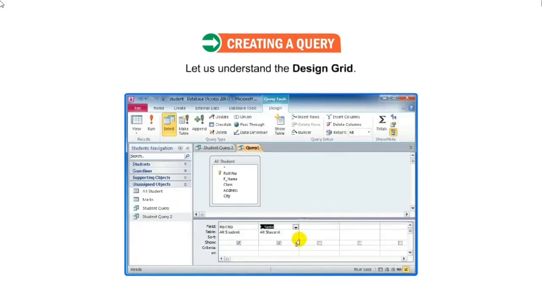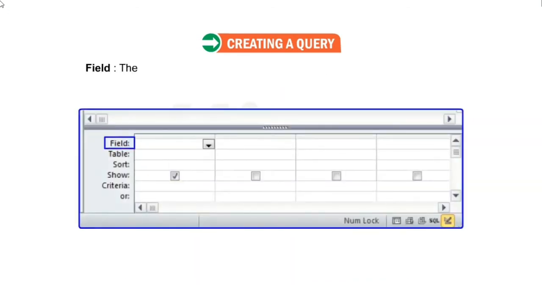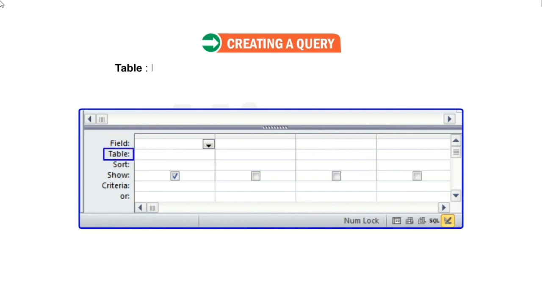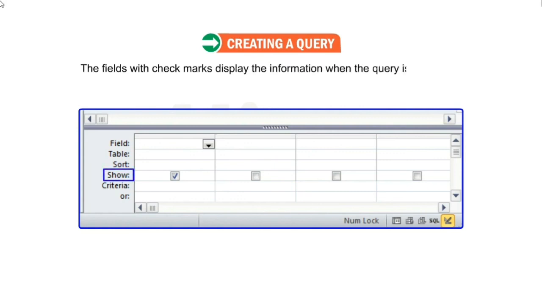Let us understand the design grid. Field. The first row of the design grid displays the selected field names from the table. Table. Beneath each field name is the name of the existing table. Show. The show row displays a check mark. The fields with check marks display the information when the query is being run.